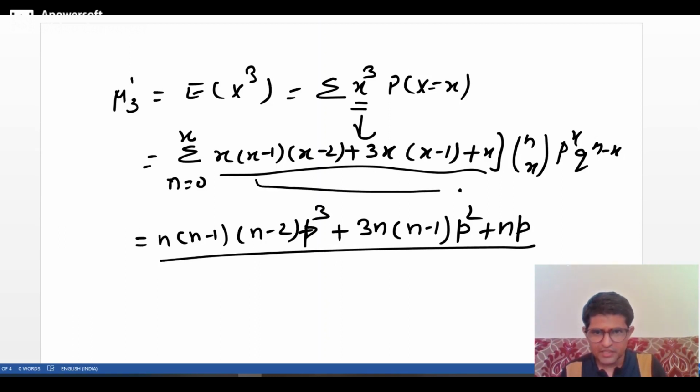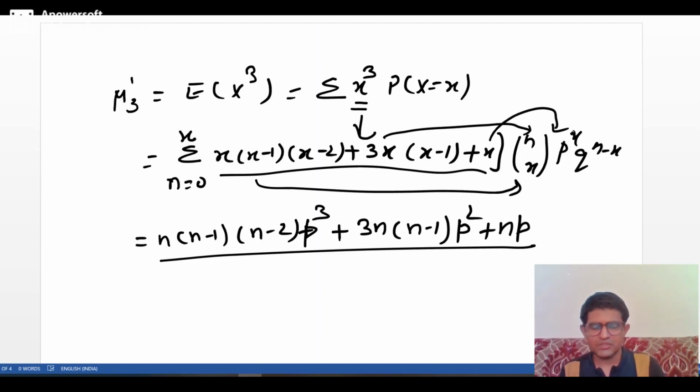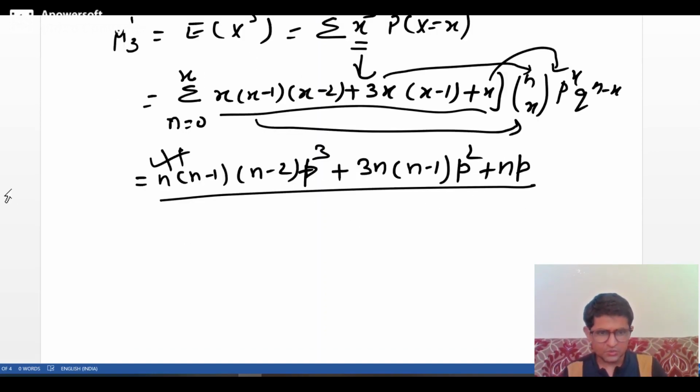First you multiply the given probability mass function and you get the expression in the form of binomial distribution, in the form of factorials, and these factorials you may write like this.